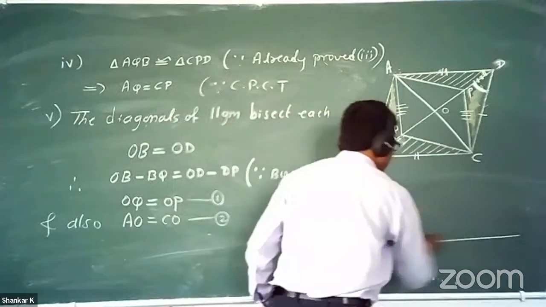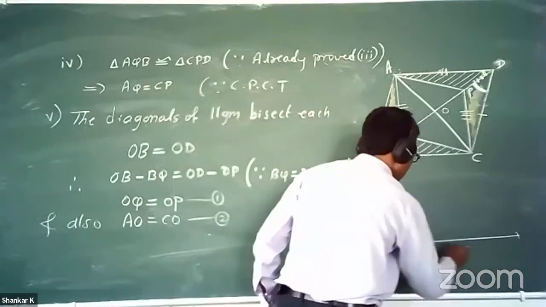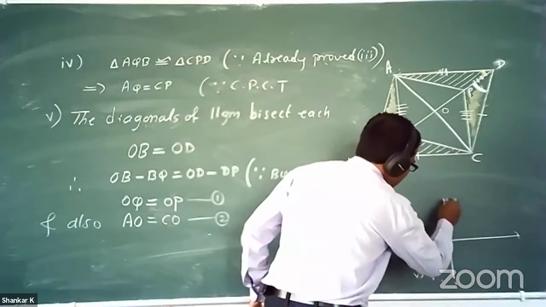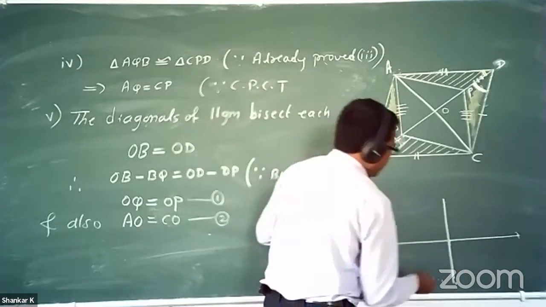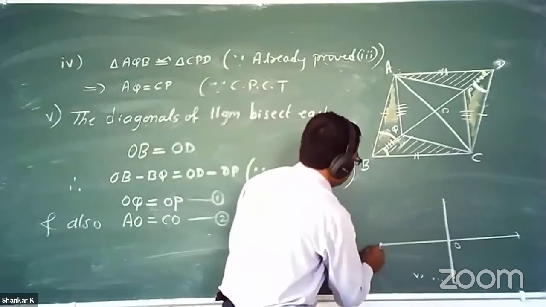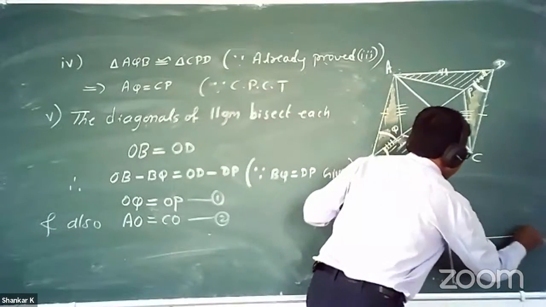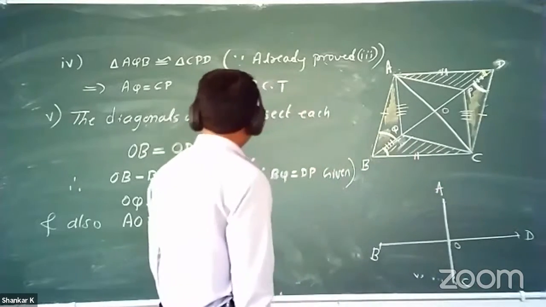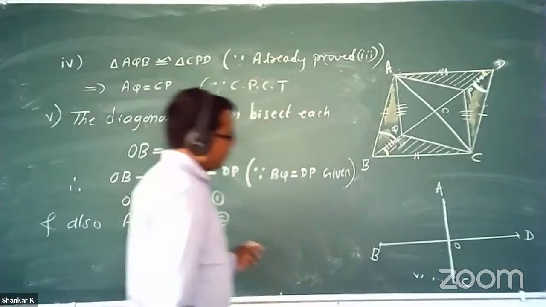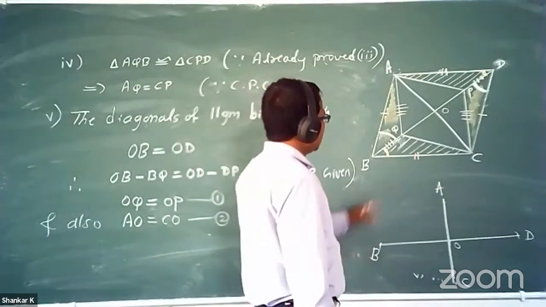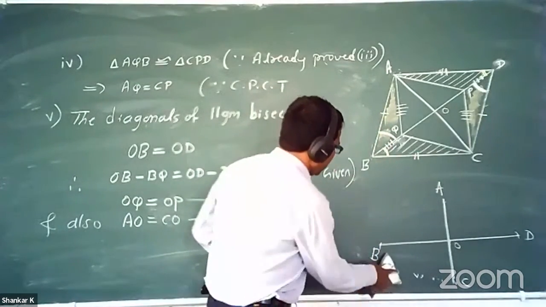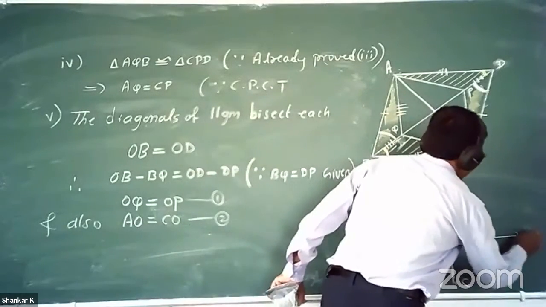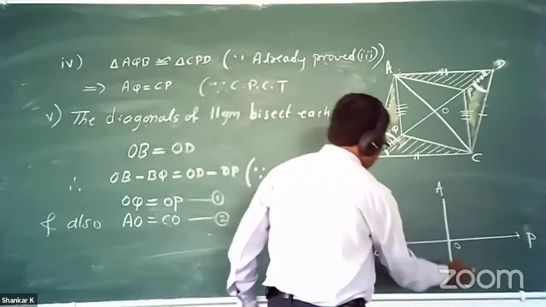Say this is one diagonal, you take its midpoint, and another diagonal; if they bisect each other, for example this is O, this is B, this is D and this is A, this is C. Instead of these names I'll give different names: Q here, P here, A this side, C this side.